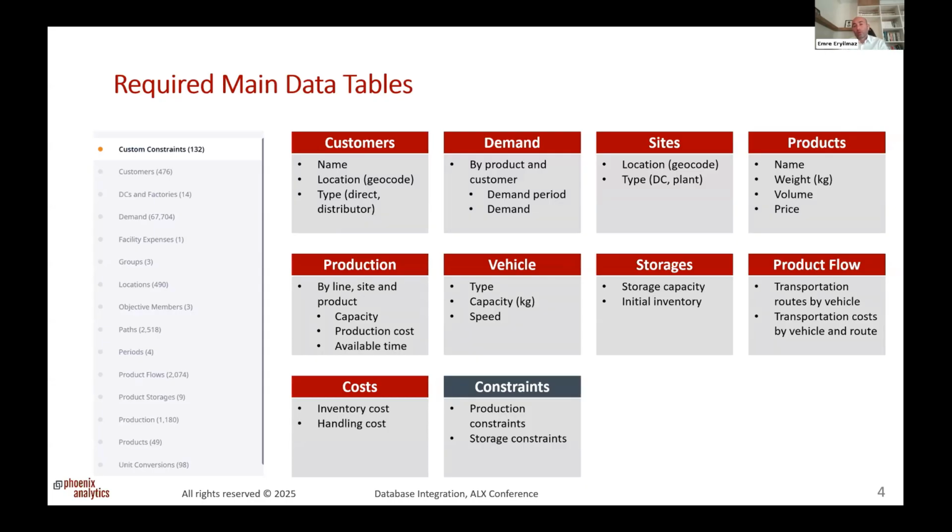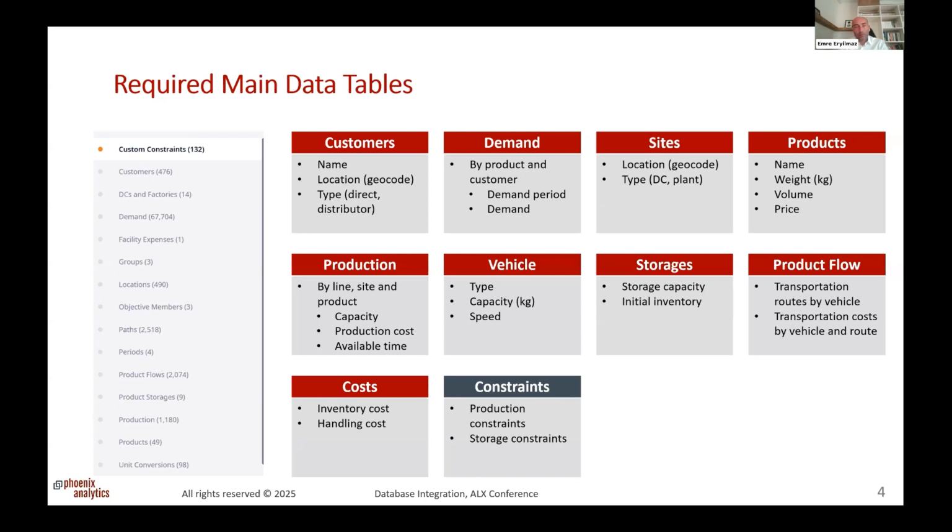There are also constraints that we have to represent, because each line can produce different products, but there is a capacity limit for that. So based on the products and the production information, we are creating constraints for each line. Again, there are storage constraints.